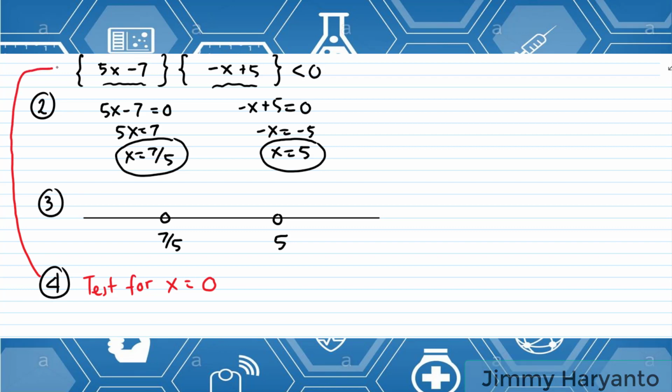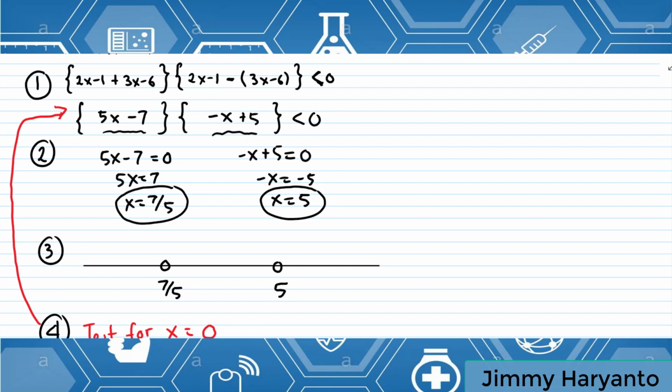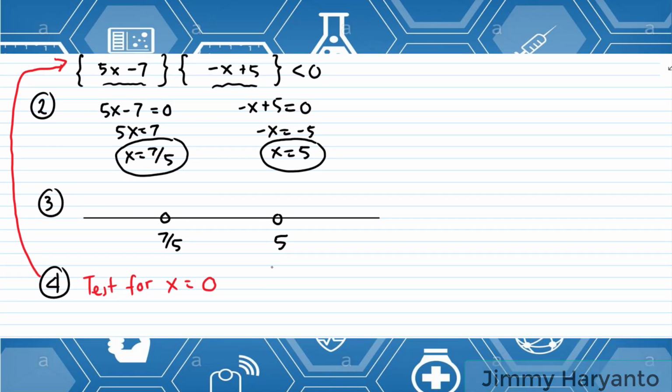The testing should be done on the first step, 5x minus 7 and then negative x plus 5, less than 0.